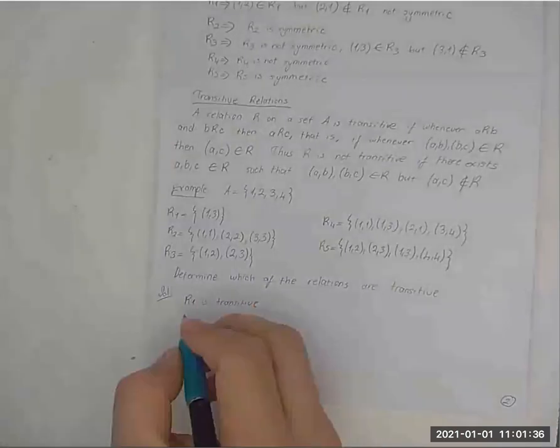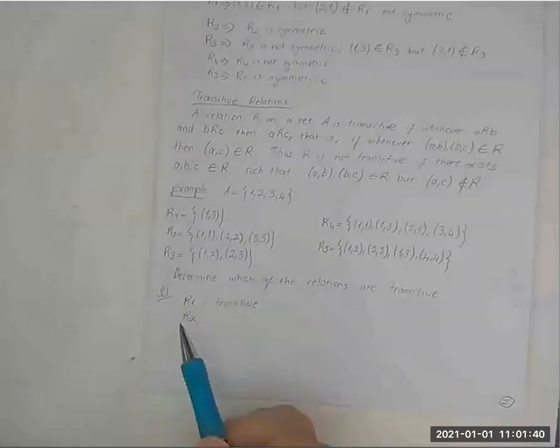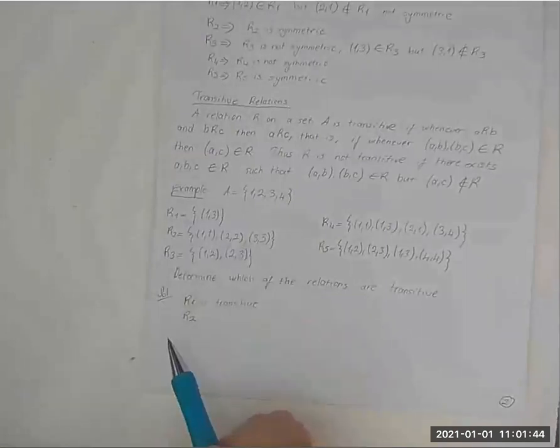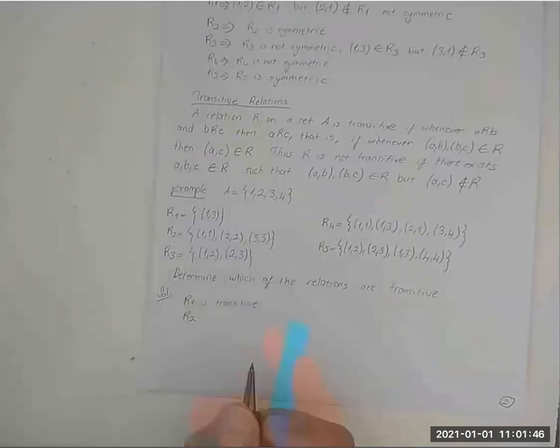Solution. For R1, we have (1,3), but there is no (3,1). So we will say this is transitive because there are no more pairs. R1 is transitive.